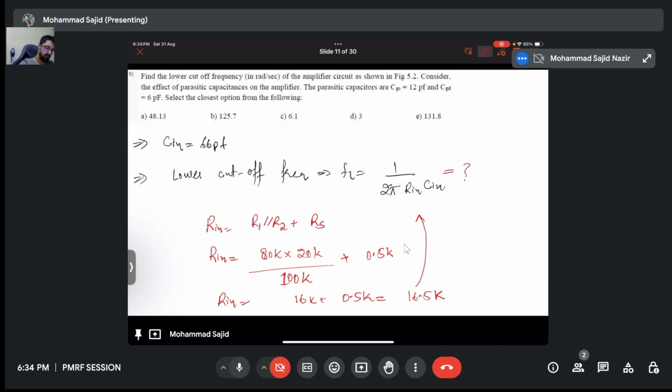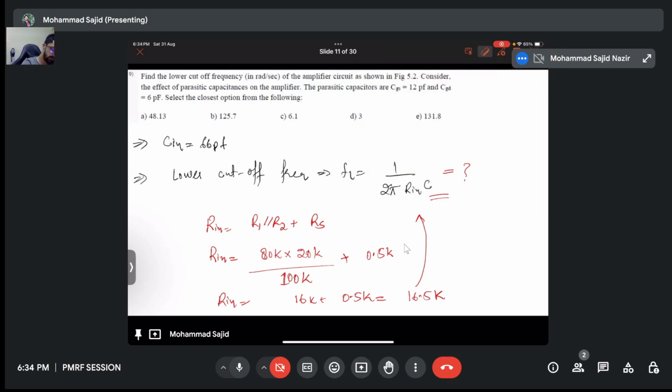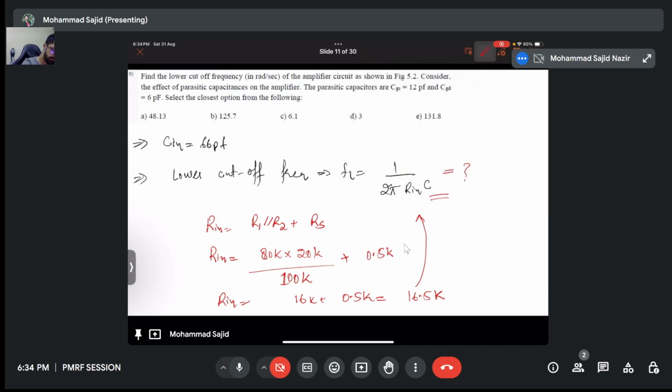Here we calculated it with respect to C1, so this input resistance is for C1. Now, if we want to calculate it for C input, that is this resistance.